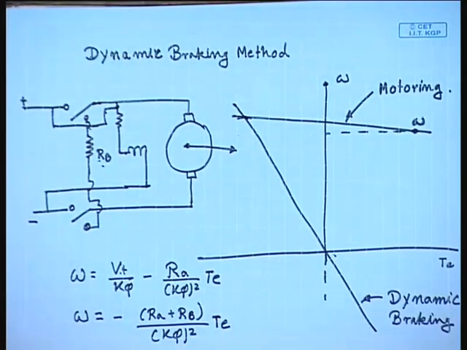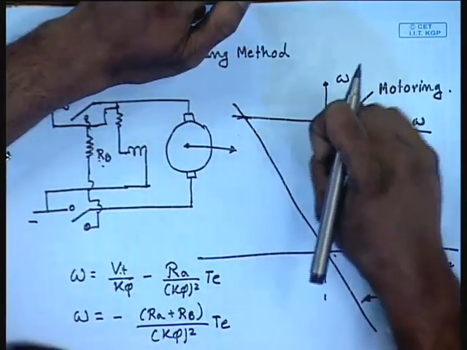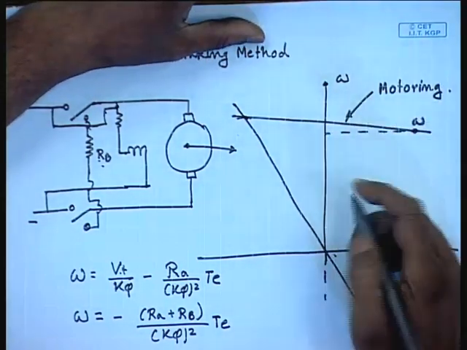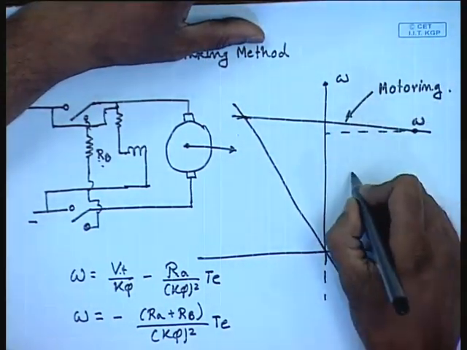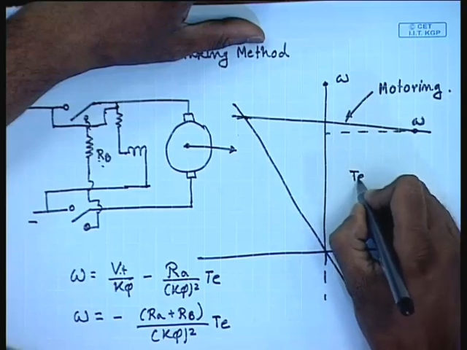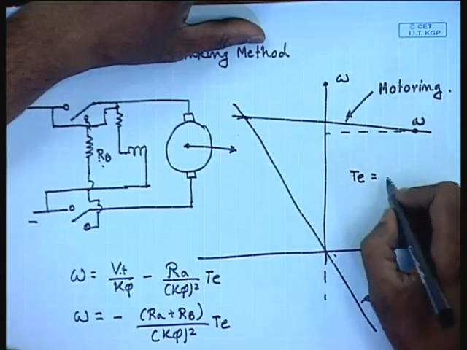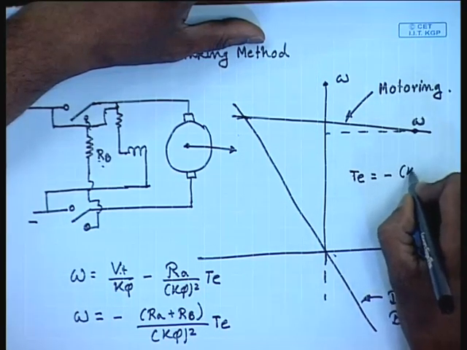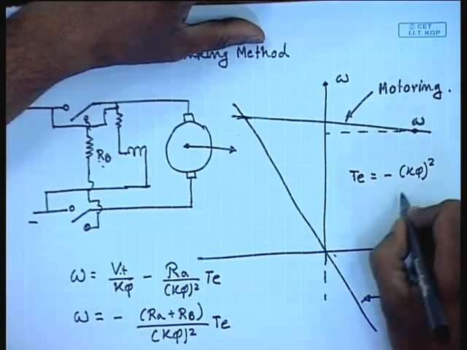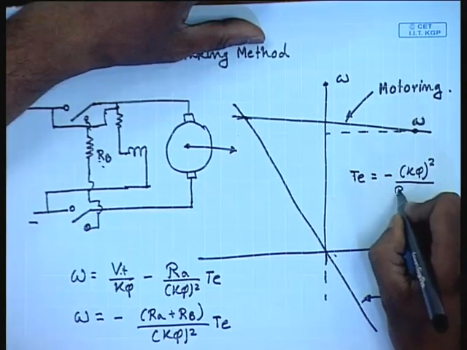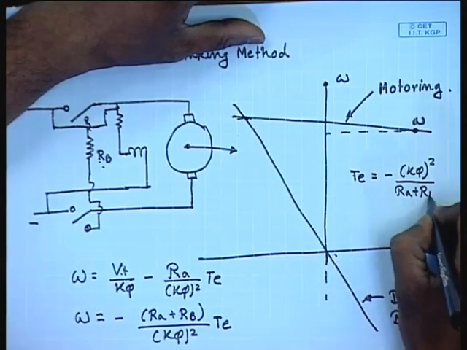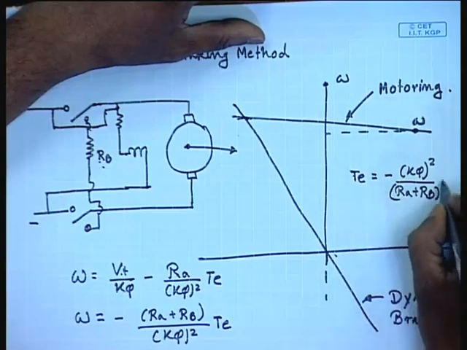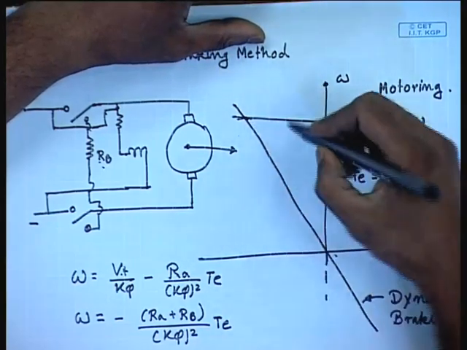So as the speed goes down, the torque generated by the machine becomes minus k phi square by Ra plus Rb into omega.